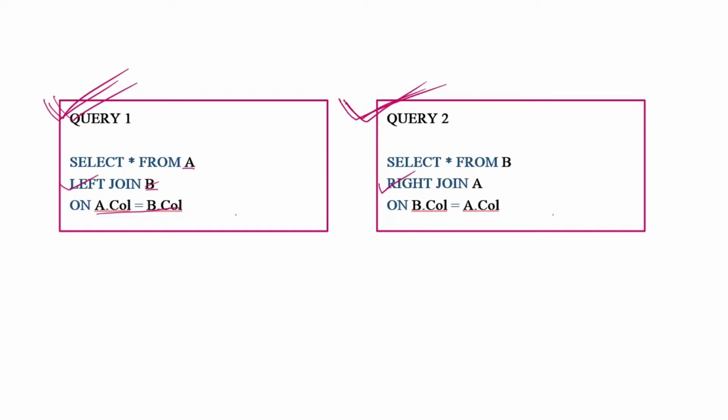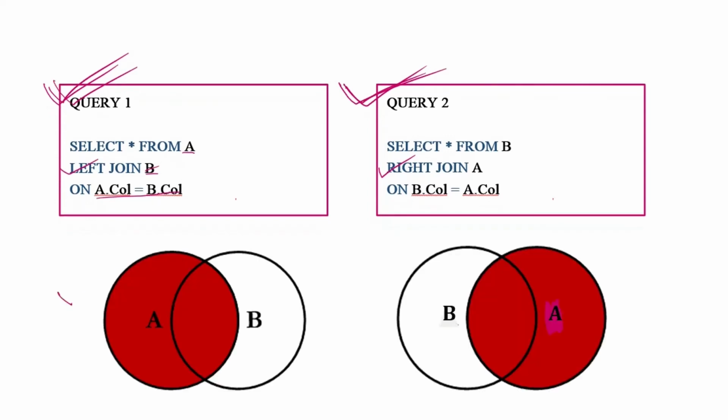Okay, so I'm assuming that you have already attempted to find the solution. Now let's see if you were able to guess the correct answer or not. These two diagrams below are enough to tell you the answer. In the first query I'm saying that I want everything from table A, which is on the left hand side, and only those records from table B which are common in table A. In the second query, after swapping the position of both the tables, as you can see B is coming first.